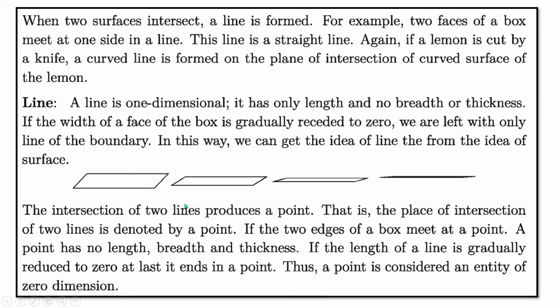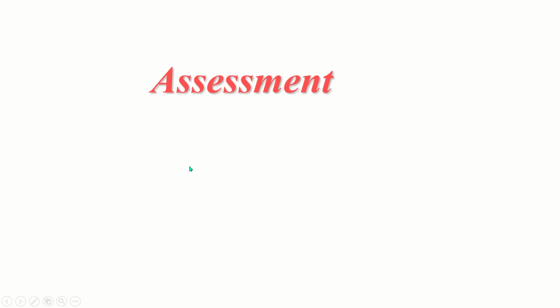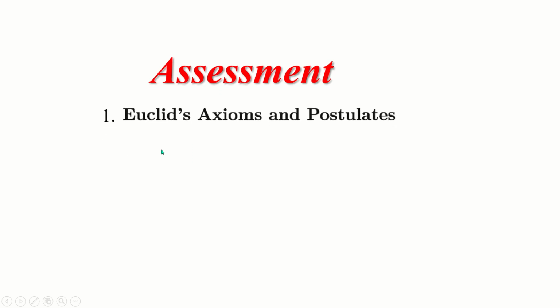Depending on line, surface, plane and space, we can write Euclid's axioms and postulates, which are important for MCQ. Also the postulates for plane geometry. Just read properly and you will get the idea.